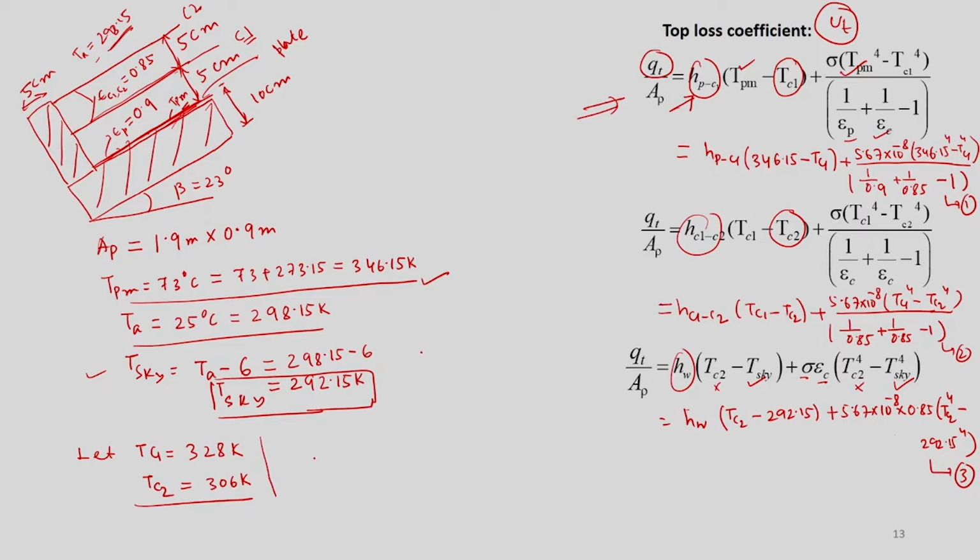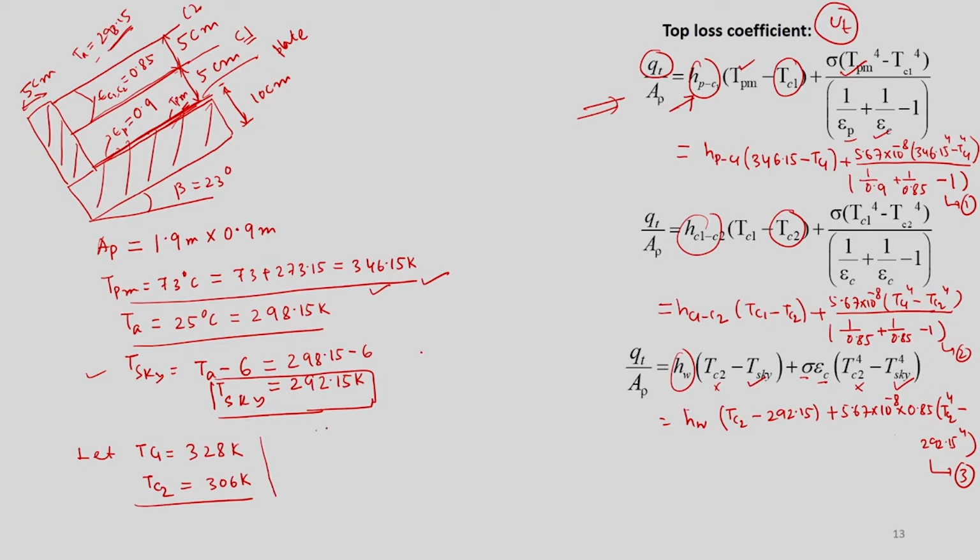Now, what we need to do for calculation of Hp1, the heat transfer coefficient from plate to cover one, is take the average of TPM and TC1.